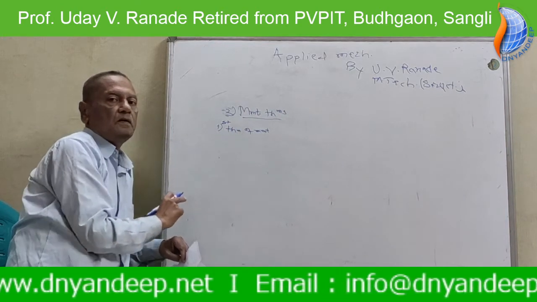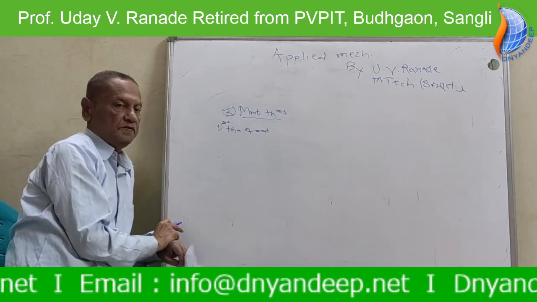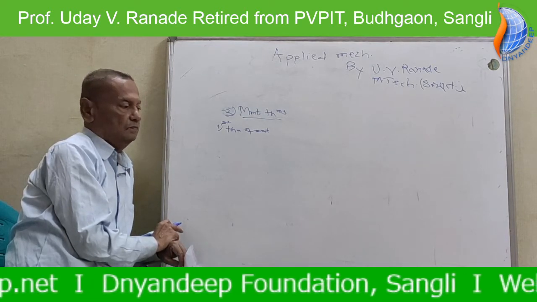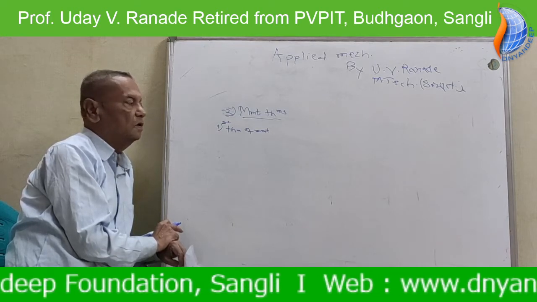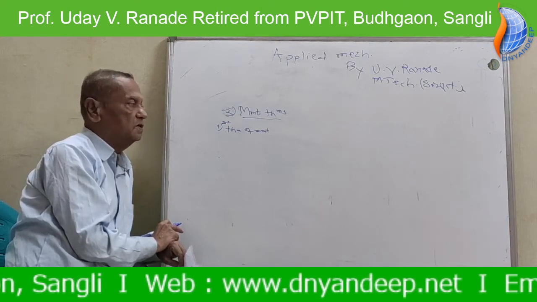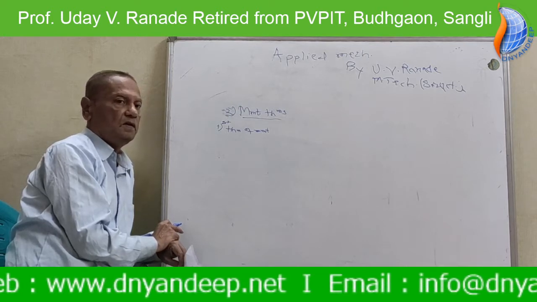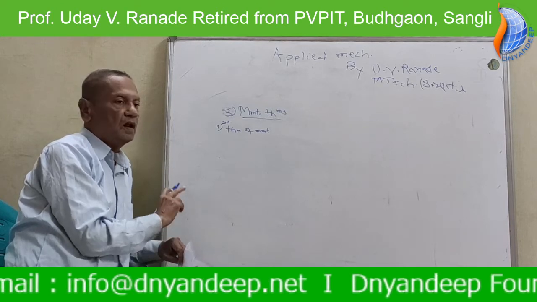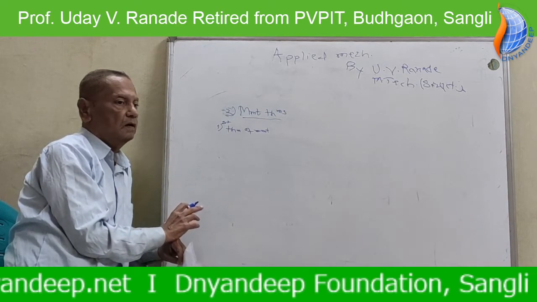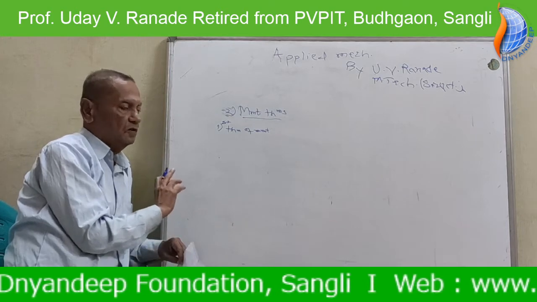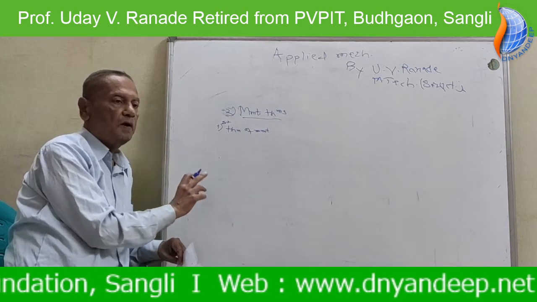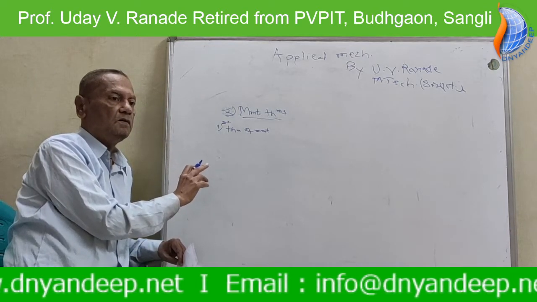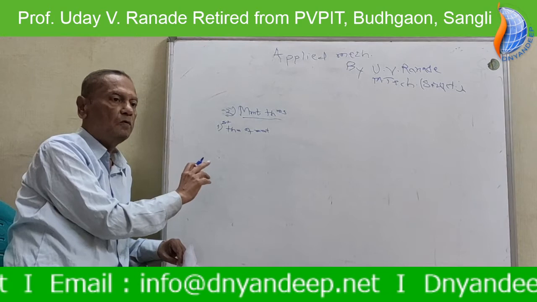The first theorem of moment says, if the system is in equilibrium, then the summation of moments of all forces about a point is equal to the moment of the resultant. Once again, if there are a number of forces and we consider a point O, the summation of moments of all forces about a single point is equal to the moment of the resultant.